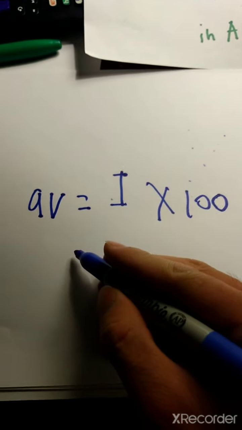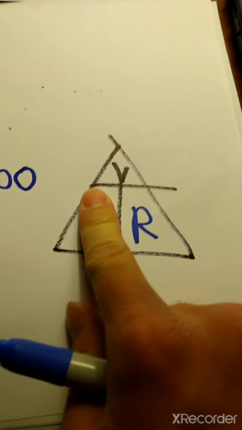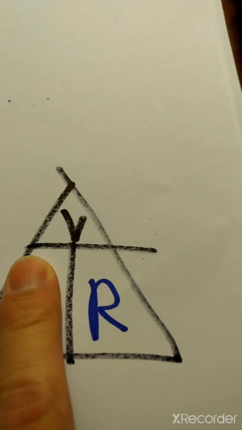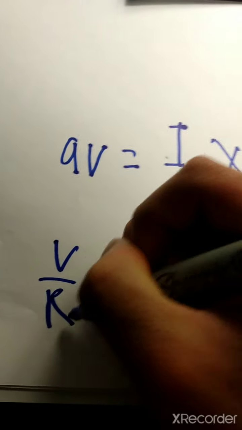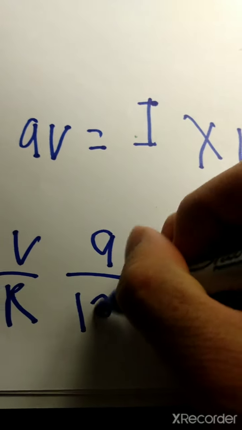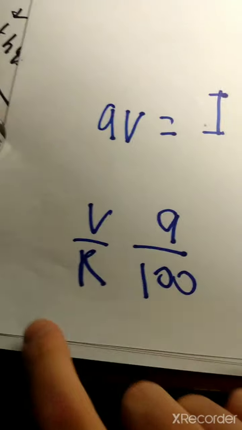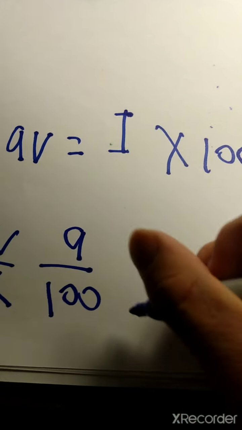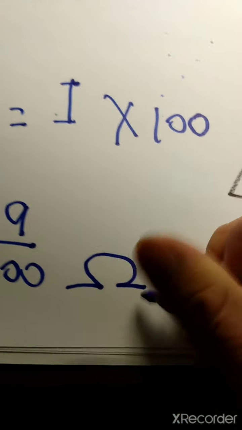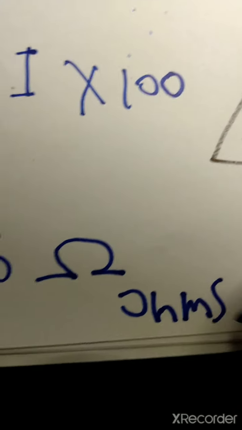So what we're going to have to do is find what the current is, which is what I represents. So we have to do volts divided by resistance. We would get 9 volts divided by 100 as the resistance. The number for resistance represents an omega symbol, named ohms.